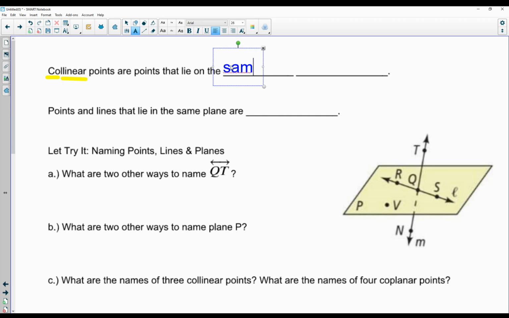So we're going to put here, same line. Okay, and here we have it. So if I were to do 1, 2, 3, and draw a line quickly.